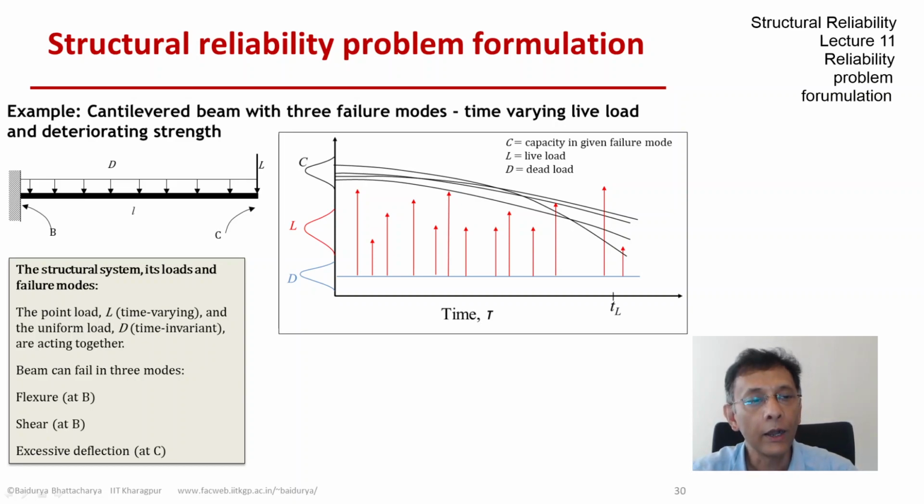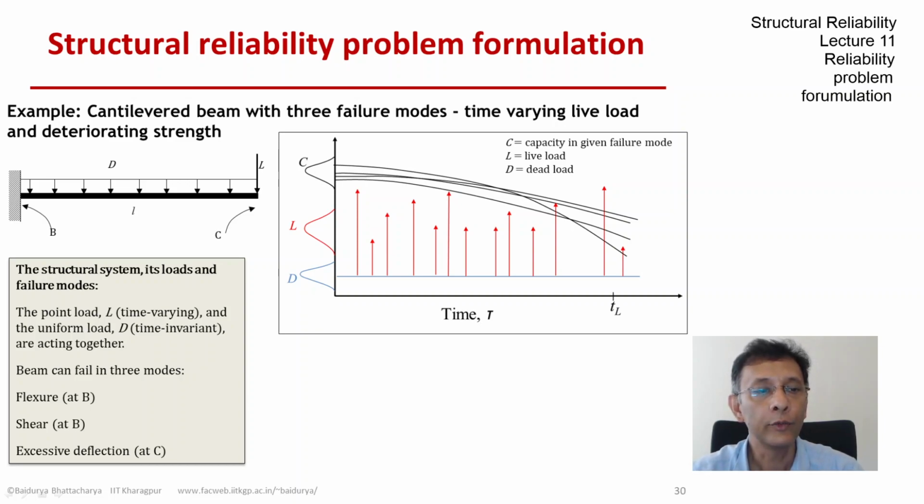Now, something else could also vary in time, and that is the capacities. Let's say we're talking just about moment capacity. So the moment capacity C is also not invariant in time, but it decreases maybe randomly in time, say due to processes like corrosion or fatigue crack growth.